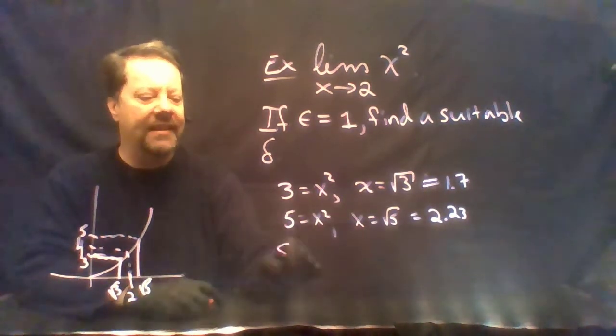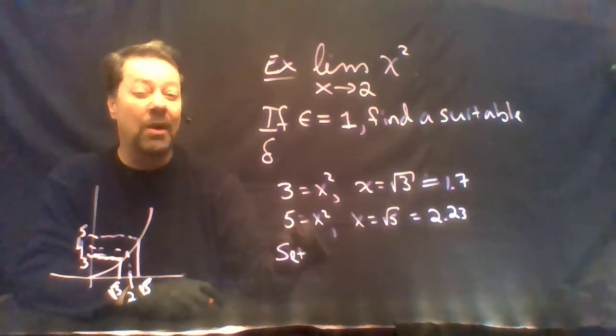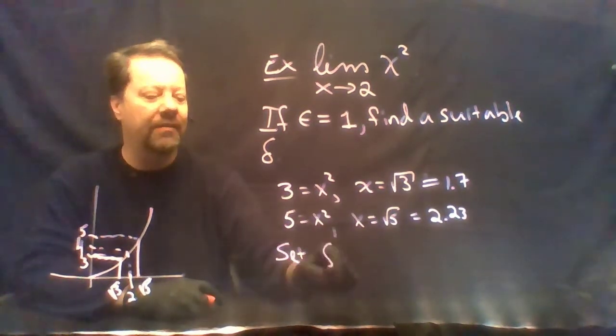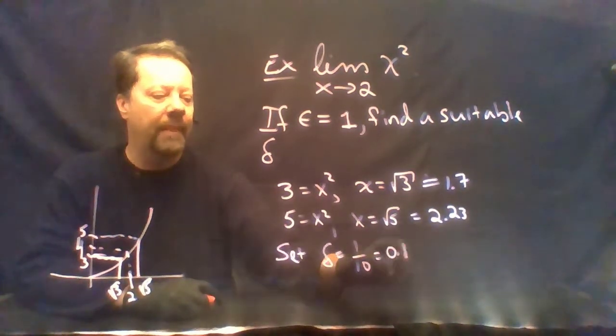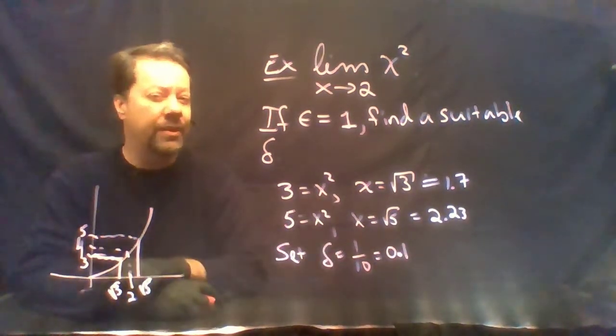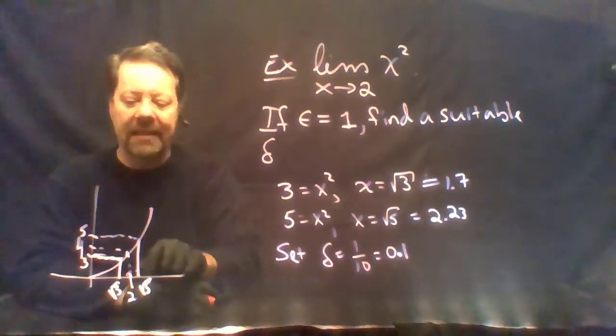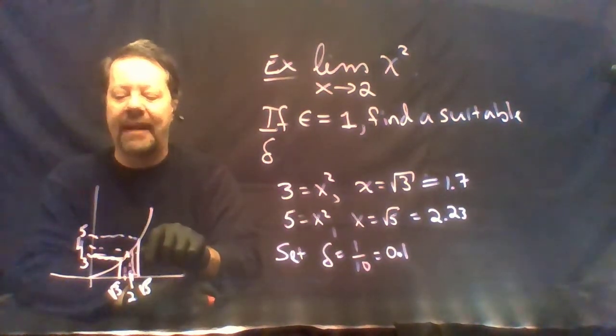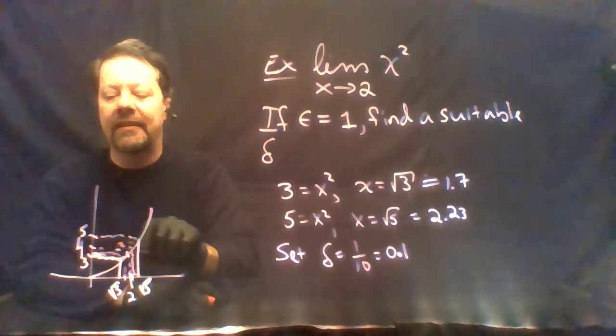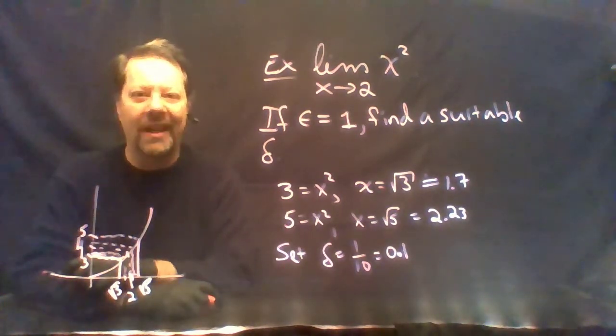So if I set delta to be anything definitively smaller, 0.1 should do it. That will guarantee that if we stay within 0.1, that will track us back for sure within that little epsilon neighborhood in the range.